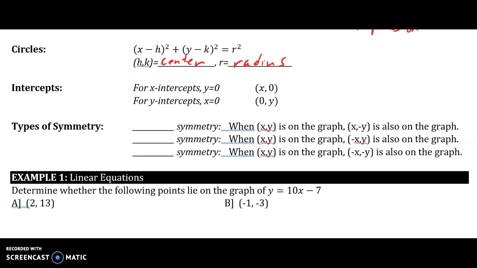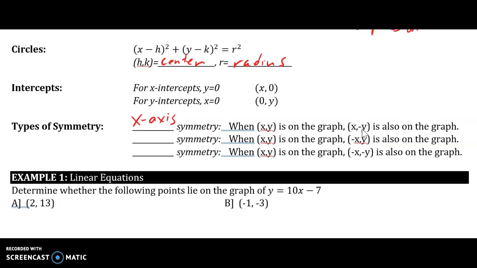Types of symmetry. There are 3 different kinds of symmetry. If you change the y and make it negative, you're reflecting up and down, over the x-axis. So it's x-axis symmetry.